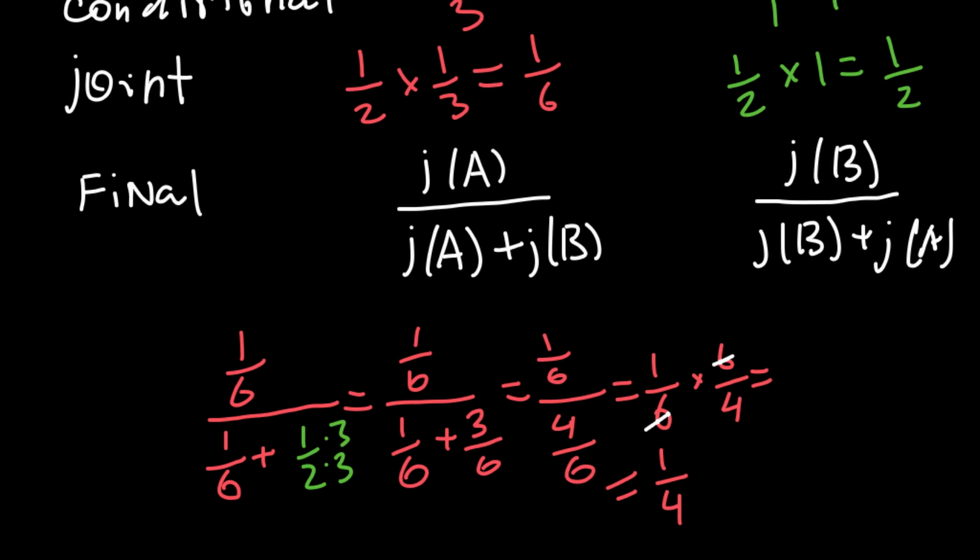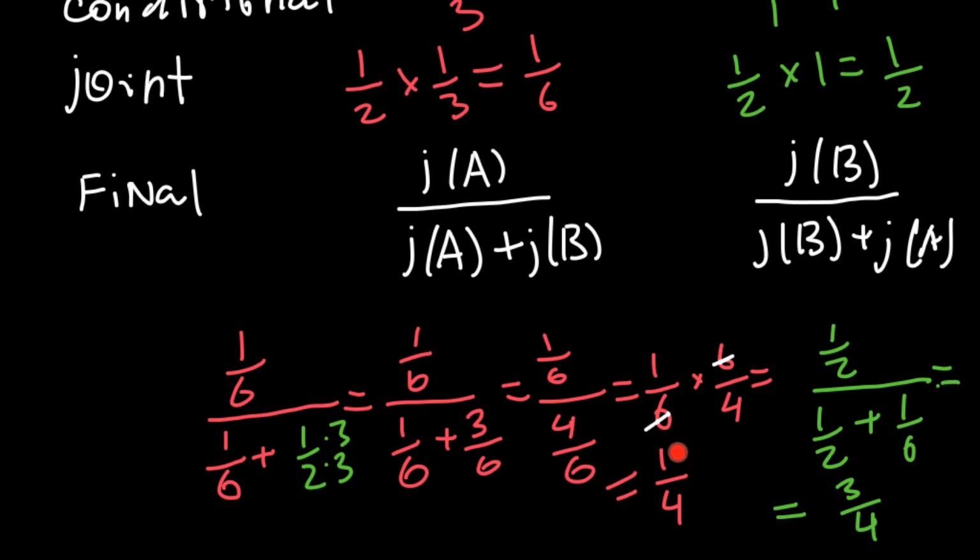And in the column on the right we have 1/2 divided by 1/2 plus 1/6, and as I said, this number plus this number should give 1, so this would equal 3 quarters. So these are two new probabilities.